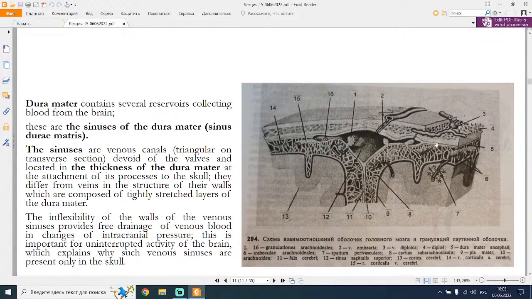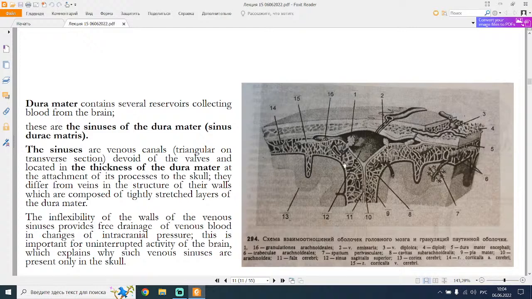Dura mater forms the sinus of dura mater. They differ from veins in the structure of their walls, which are composed of a tightly stretched layer of dura mater.